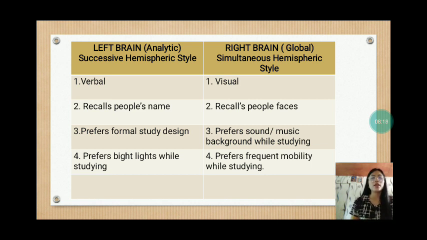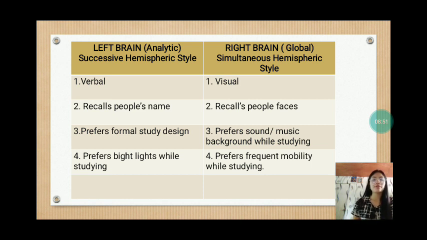If you are a left brain person, you learn more on verbal, but if you are a right brain person, you learn things more on visual, which means the sense of sight. Next, a left brain person can recall people's names, while a right brain person can recall people's faces. See the differences between the two.